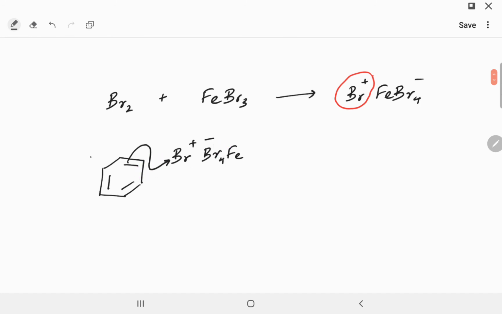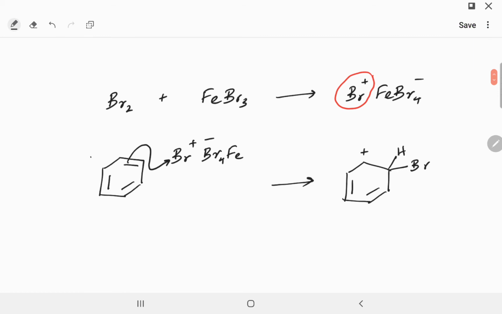Because of this attack, benzene will lose its aromaticity. So this is how it happens. Here's the positive charge, and here's the new bromine, and here's hydrogen on that carbon. The other 2 double bonds will remain as is.